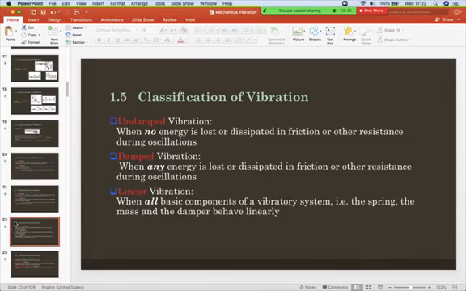Damper means the mass is being damped to a certain area, like when you bump into a street post or the wall, so you are being damped onto that. And if these three things are behaving on the same line, that is called collinear or linear. So that's why we have linear vibration. Okay.